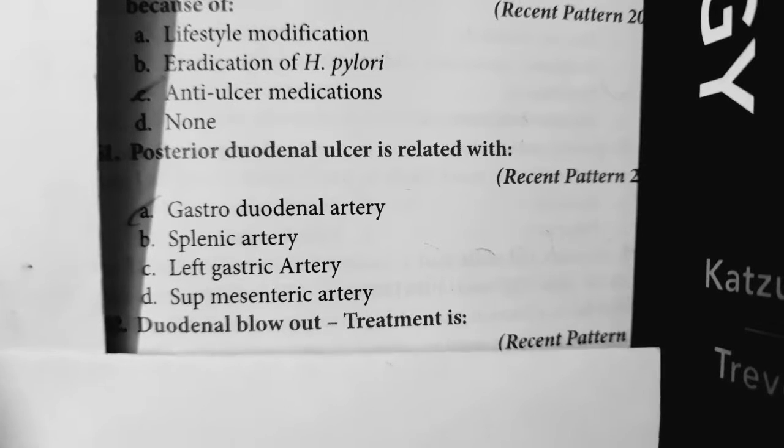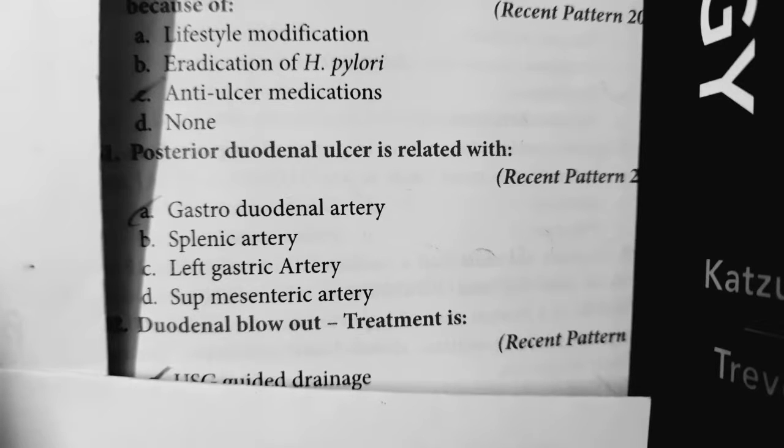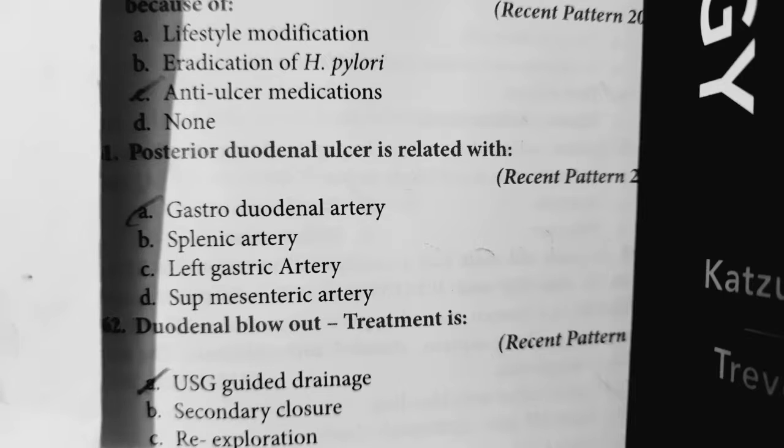Then the treatment of duodenal blowout syndrome is USG guided drainage. You will have to drain the fluid with the help of USG. The duodenal stump is the stump seen after resection of the stomach in Billroth 2.